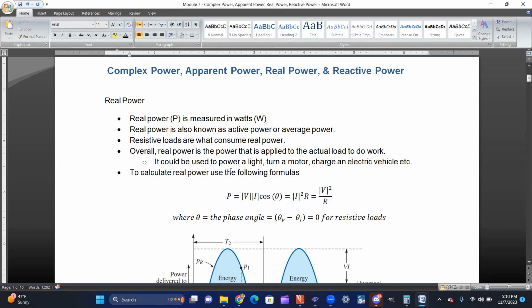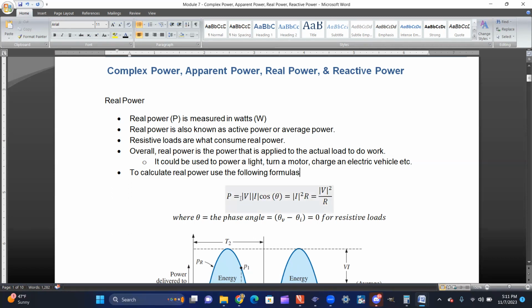In DC, everything was in phase, and so therefore you didn't really have to worry about the power factor. But whenever we start to introduce AC and reactance, capacitive reactance and inductive reactance, and the current starts to lag and lead the voltage, then we have to start incorporating our power factor.